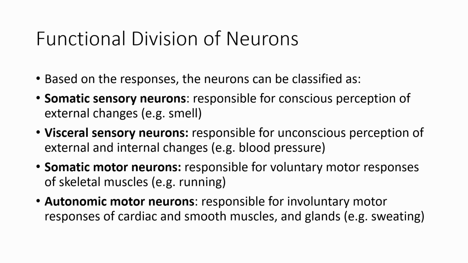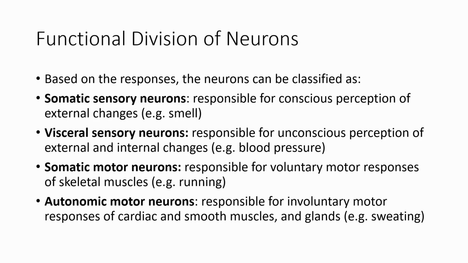And then we have to send a response out with a somatic motor neuron. So like I mentioned with the whole football thing, me ducking down, covering my head, putting my arms over my head, that would all be voluntary motor response using my skeletal muscles. So I'd be using somatic motor neurons to talk to the skeletal muscles to allow me to duck. Versus the autonomic motor neurons, this is for things that are involuntary.